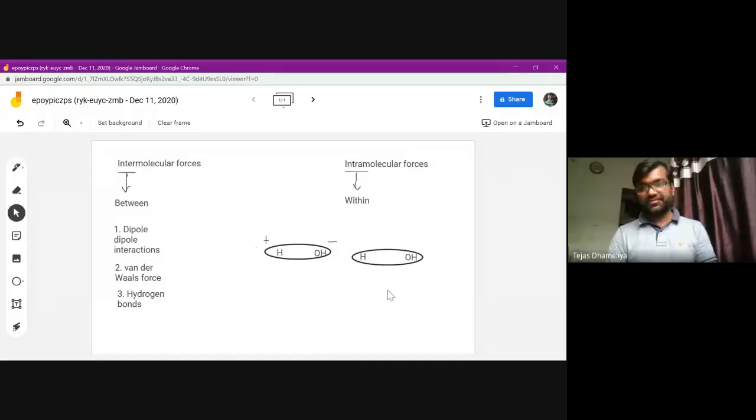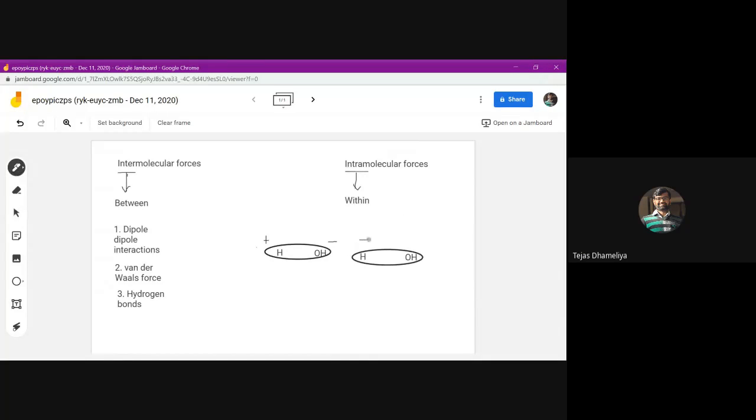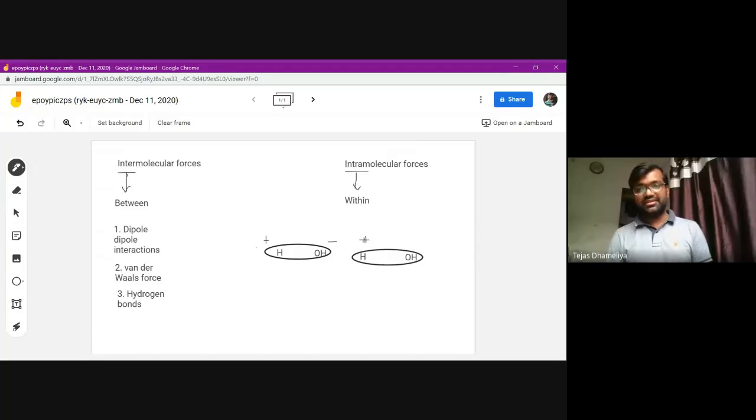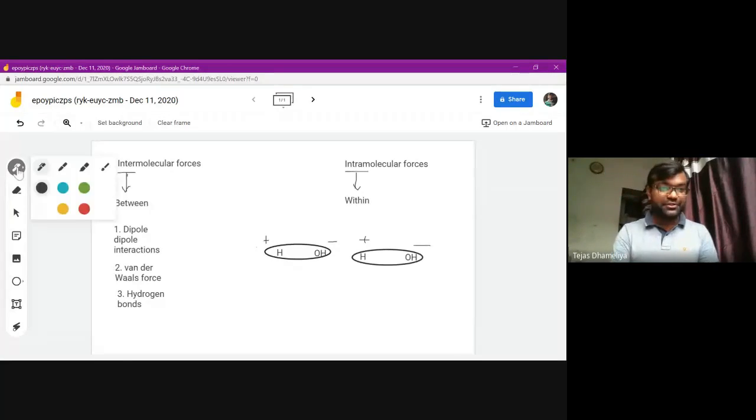So this will be positively charged being hydrogen and this will be negatively charged. H plus, OH minus. So this interaction between these two, OH minus and H plus.